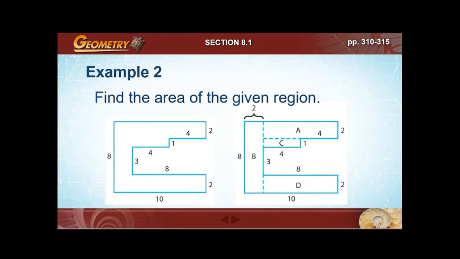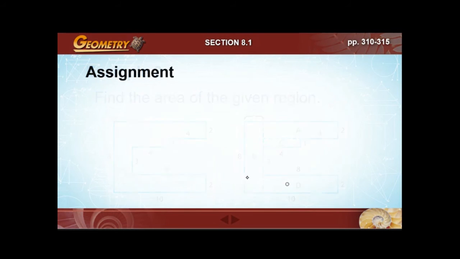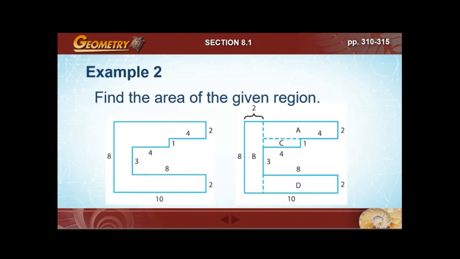So if we put in these lines, then we end up with 1, 2, 3, 4 different rectangles. We can find the individual areas of those rectangles, add them all together to find the area of this shape. So let's go ahead and do that real quick.